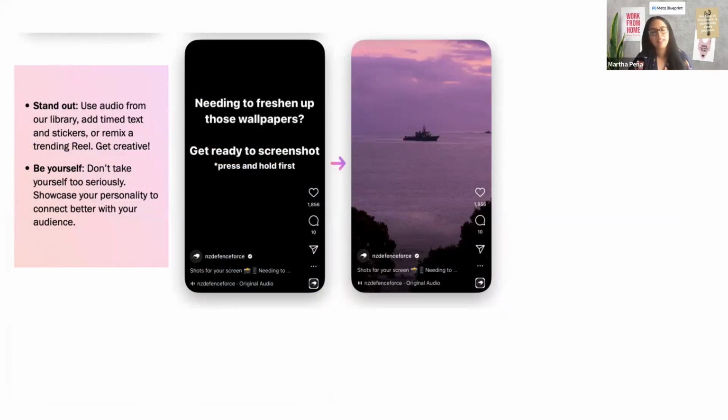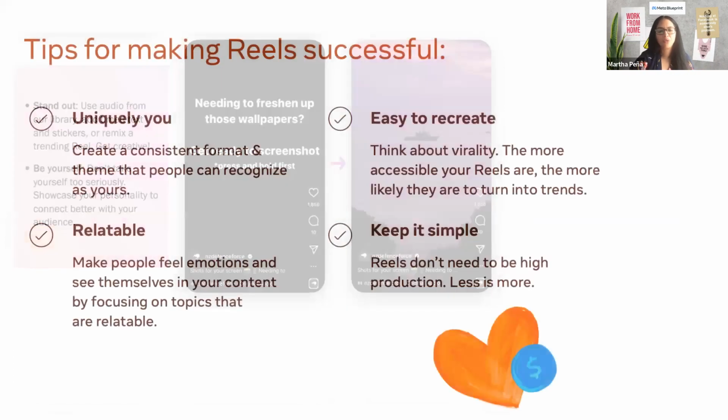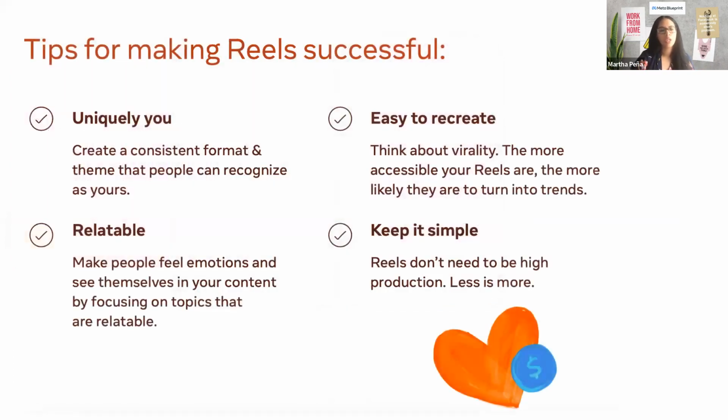So of course, standing out, I think I've mentioned a few times, and the authenticity in terms of the brand voice, etc., are also really important. So being relatable, uniquely you, and keeping it simple. We've also seen content is best when it's relevant. So if you have an opportunity, work with creators who are creating content in the same space as a nonprofit.